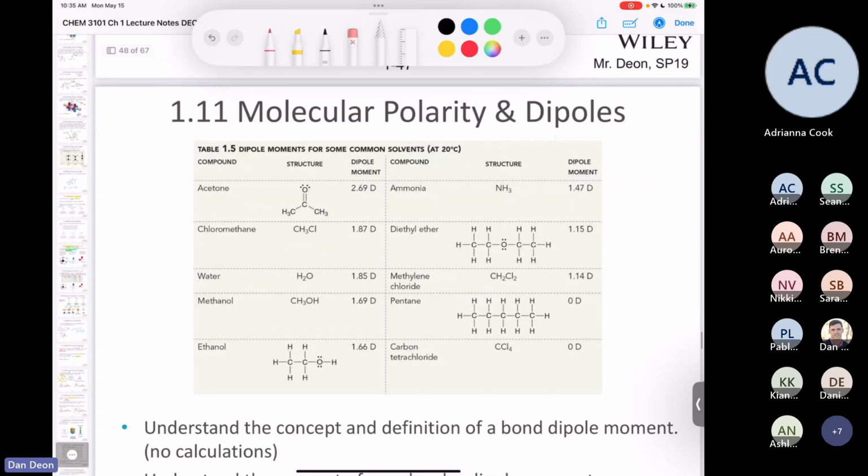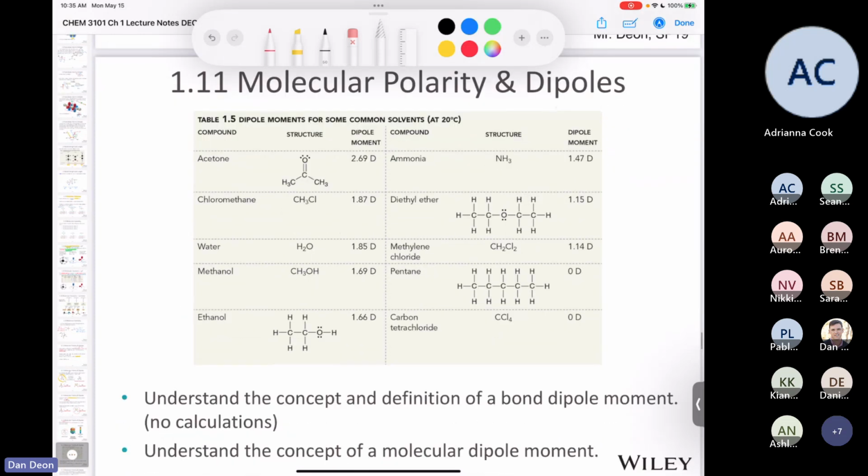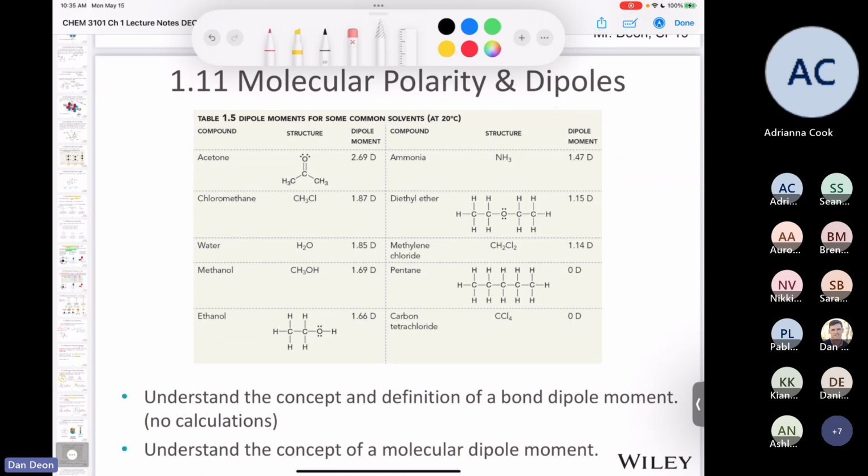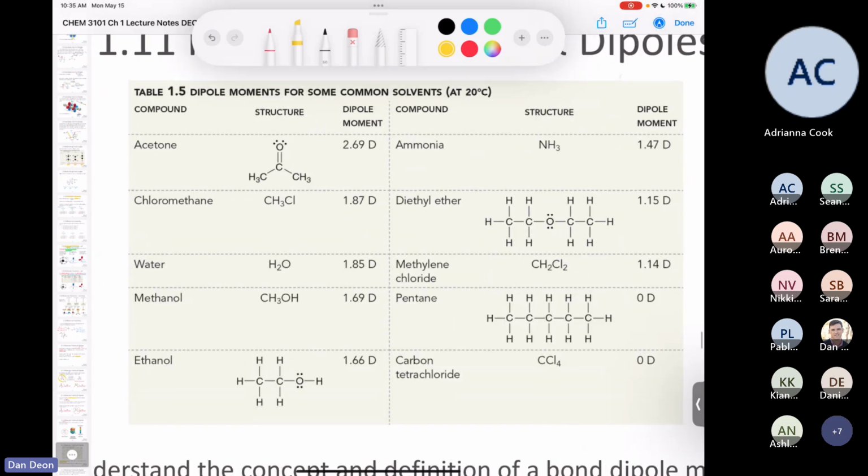So that's an EPM. Now, going back to the concept of the debye, which is a unit of measure of polarity of a bond, I told you you are not going to be asked to do any calculations with respect to dipole moments. All you need to know is if you were to compare some molecules like acetone, chloromethane, water, methanol, etc., the higher the dipole moment, the more polar the molecule.